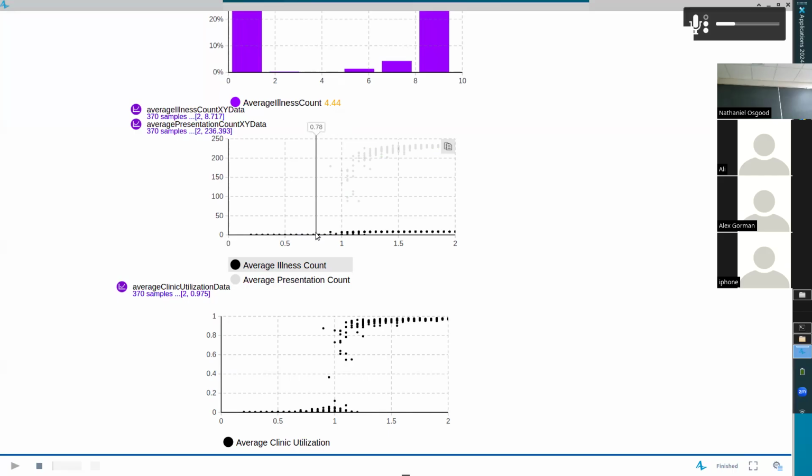Basic reproductive number is low, so the average illness count is low. What goes on over here? These are like 8 average illness count, 7, 8, 8.7, etc. What's going on here?